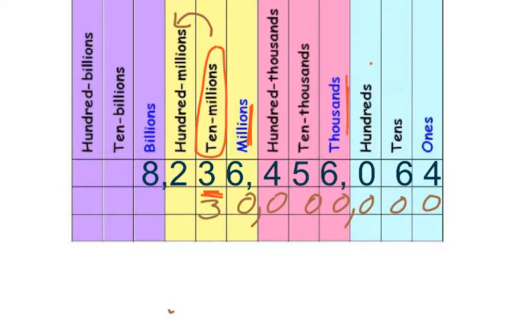I know that the 100 millions place is 10 times greater than the 10 millions place. So I'd put my 3 here, and then I would simply add my zeros to the right of it. I can add my commas. So 10 times the value of a 3 in the 10 millions place is going to be worth 300 million, which is a massive number.